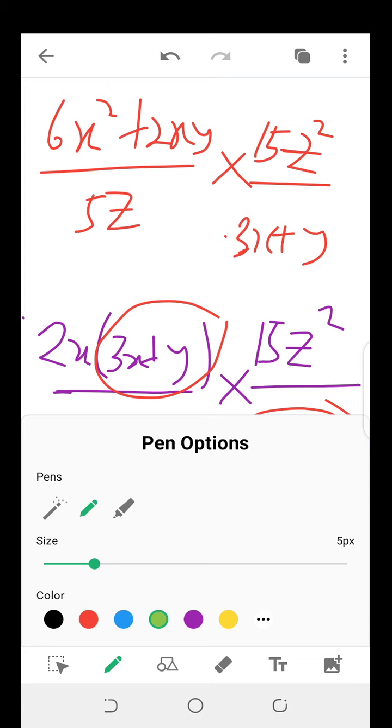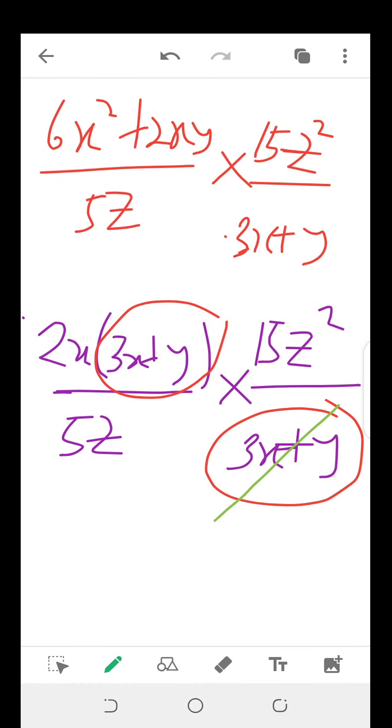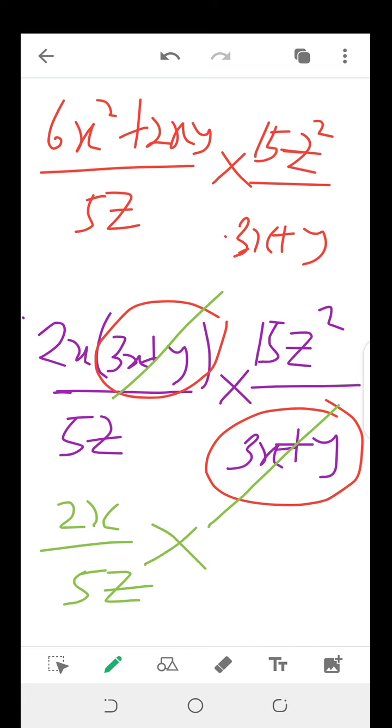There can be a cancellation, so this one can cancel this one out. So now our expression will be reduced to 2x all over 5z times 15z squared over 1. Look at this very well.